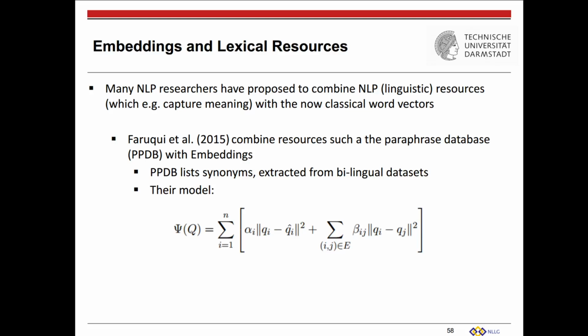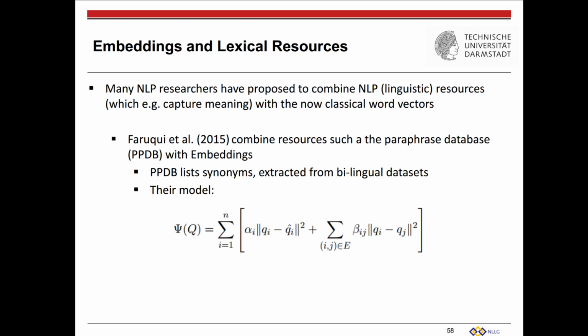For example, they could indicate a synonymy relation. And a synonymy relation means that two words have the same meaning. For example, big and large have very similar meanings, or fast and quick. So in such a database would be stored that these words indeed stand in such a relationship.